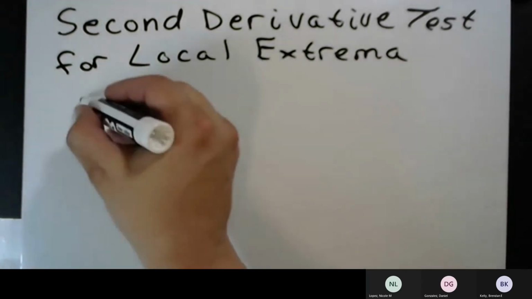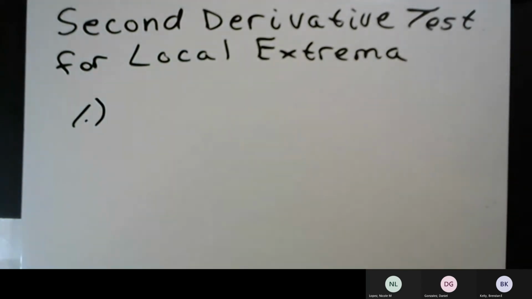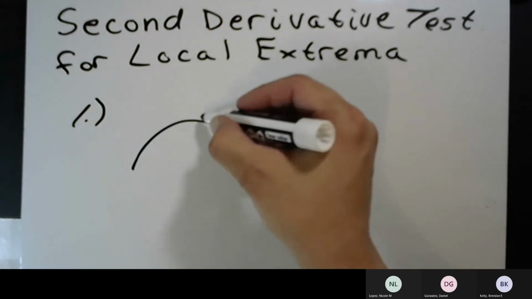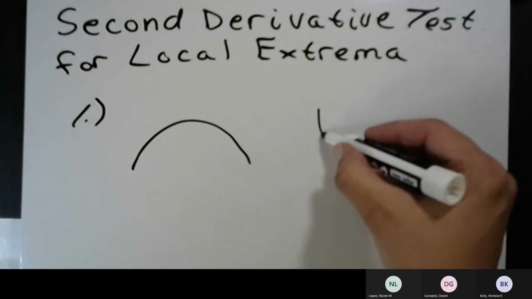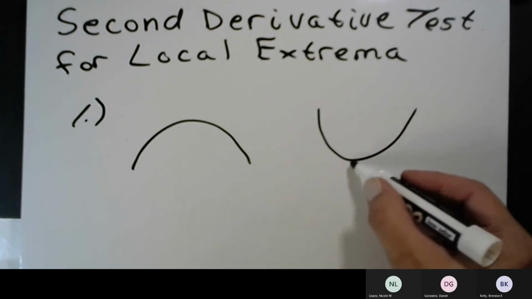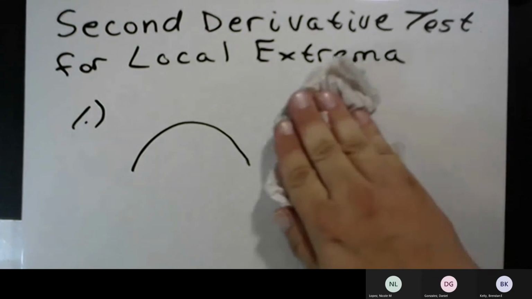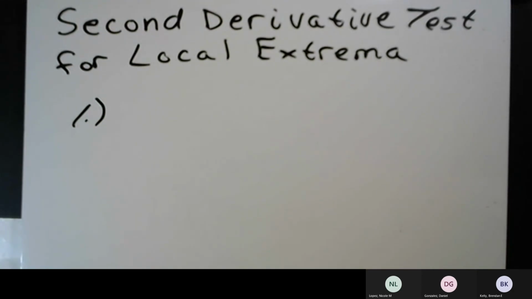And it's going to work like this. You notice that as things are concave down, there's a maximum somewhere over here. And if they're concave up, there's a minimum somewhere here. And so we're going to finally tie those two ideas together.